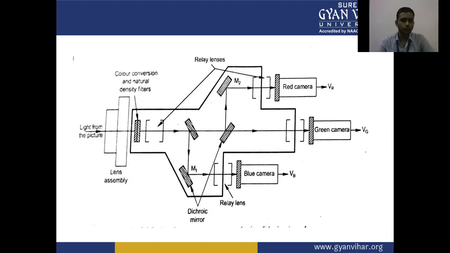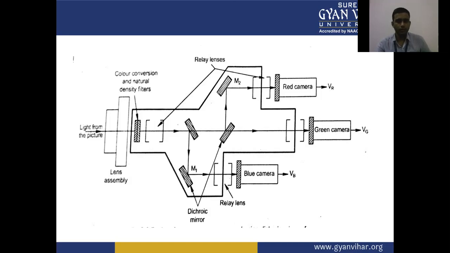So here we have a lens assembly and light source from the picture, the color conversion and neutral density filters, and relay lenses, and red, green, blue, three types of voltages are developed at the output of the dichroic mirrors.